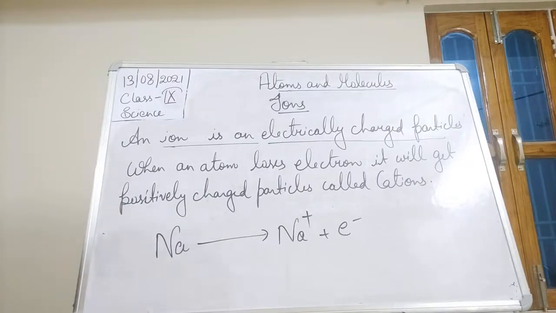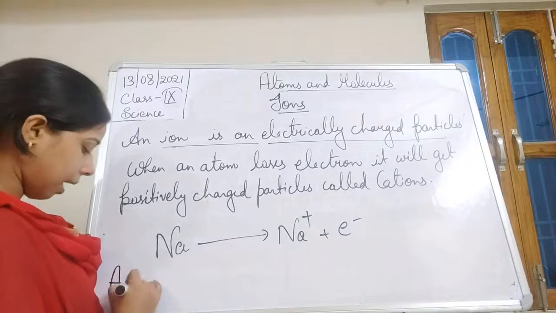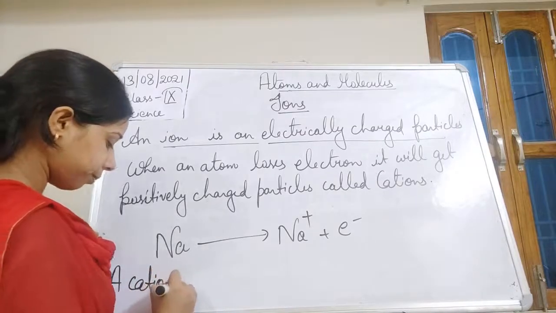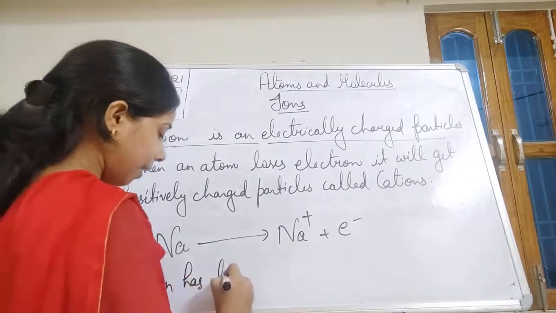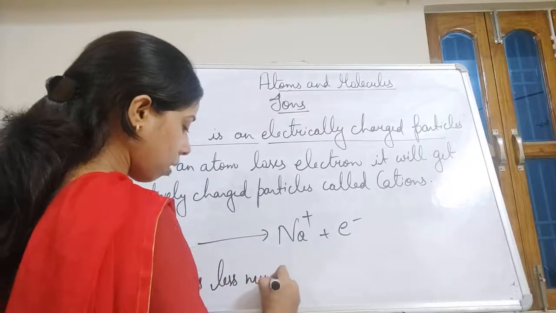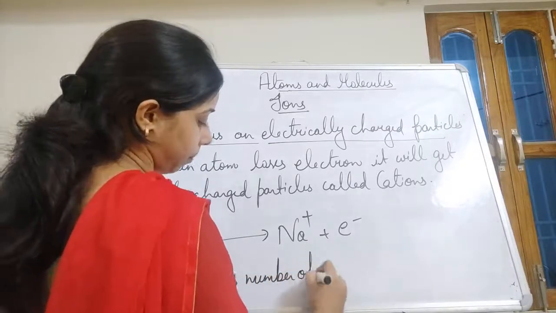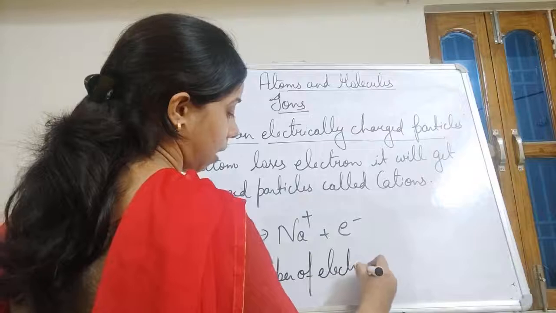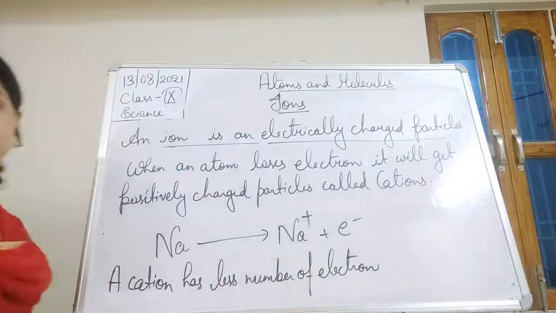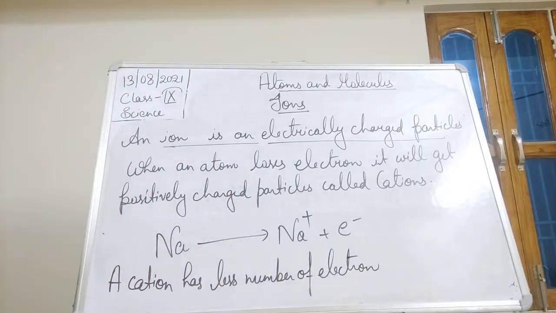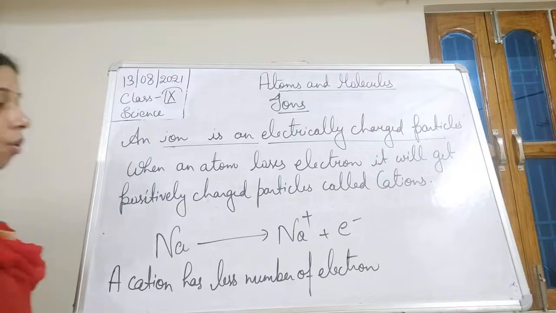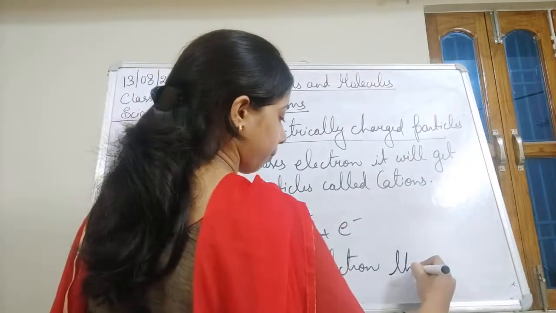So what does that mean? That a cation has a lesser number of electrons than the atom.